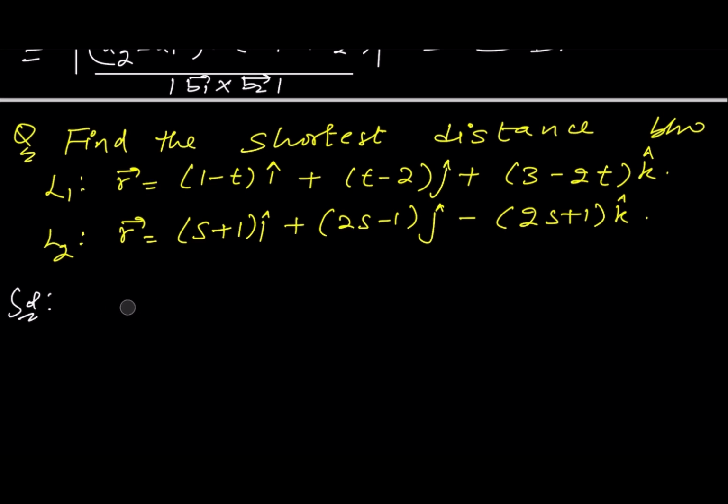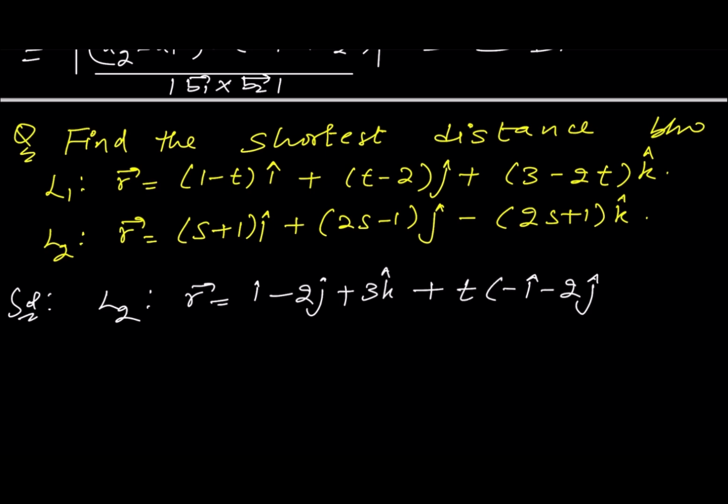So L1 can be written as r vector is equal to i cap minus 2j cap plus 3k cap plus t times minus i cap plus j cap minus 2k cap.